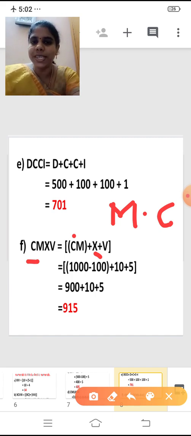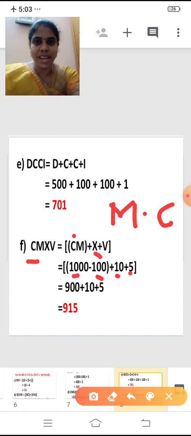So value of M is 1000 minus value of C is 100 plus what is the value of X? 10. Value of X is 10. And what is the value of V? 5. Value of V is 5.